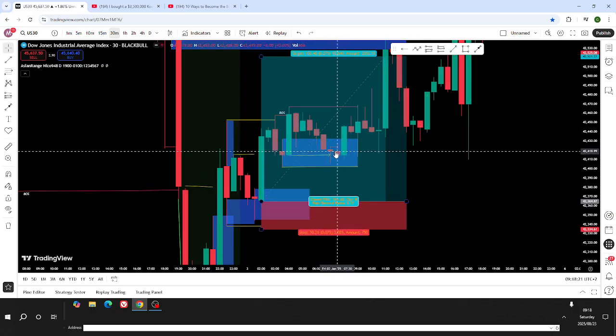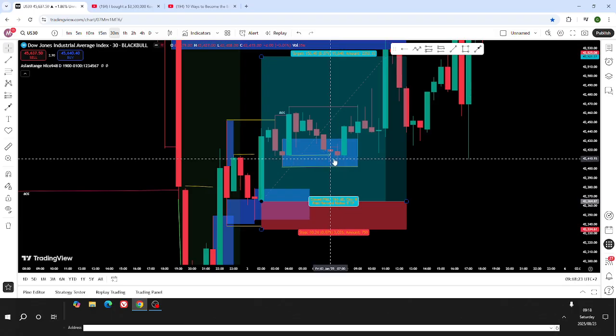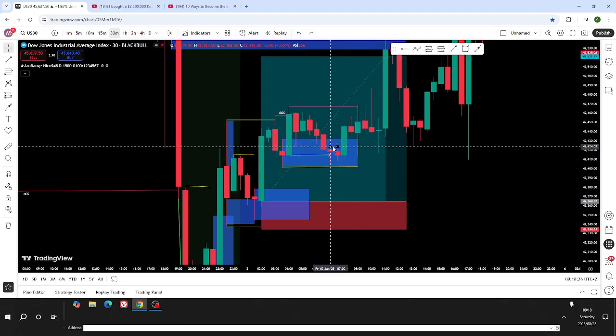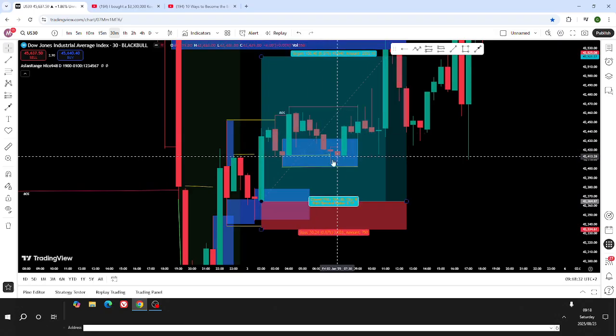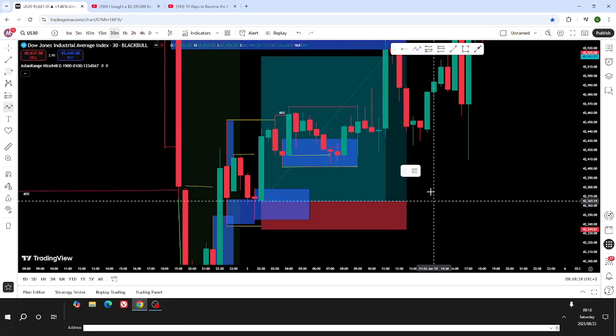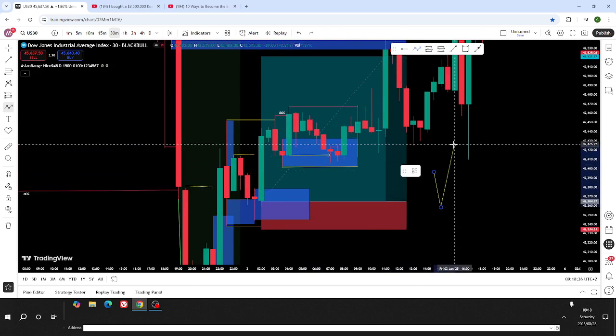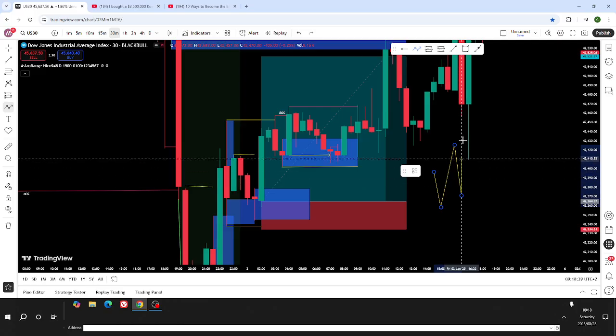But on the lower time frame, what you will see is that this two-candlestick setup will give you a certain movement, like something like this, and then a change in character, then come back into the order block, then push.